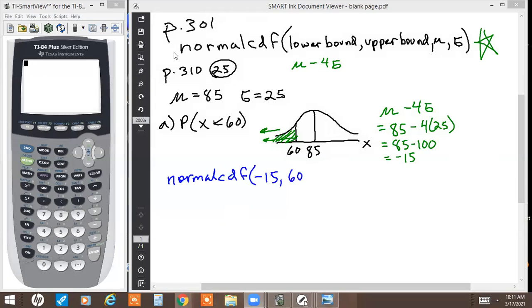And again, it helps to draw this stuff out, but I'll leave that up to you guys. And then for our raw X data, mu is 85 and sigma is 25. You should also be seeing the graphing calculator to the left. If you're not seeing that, somebody please unmute and let me know.